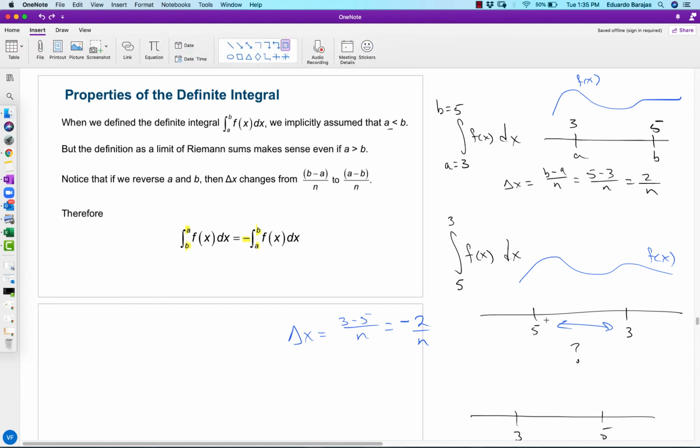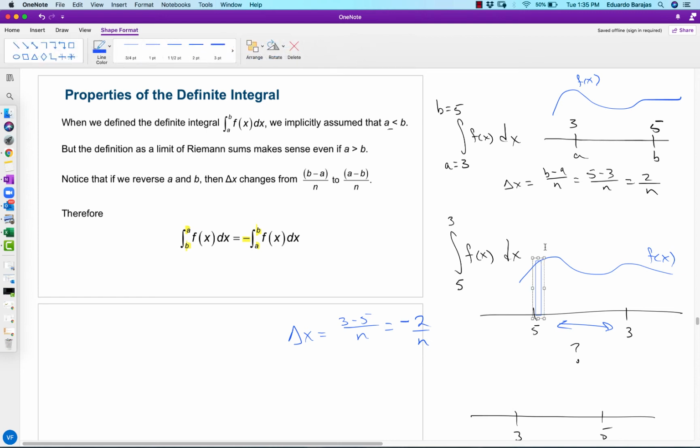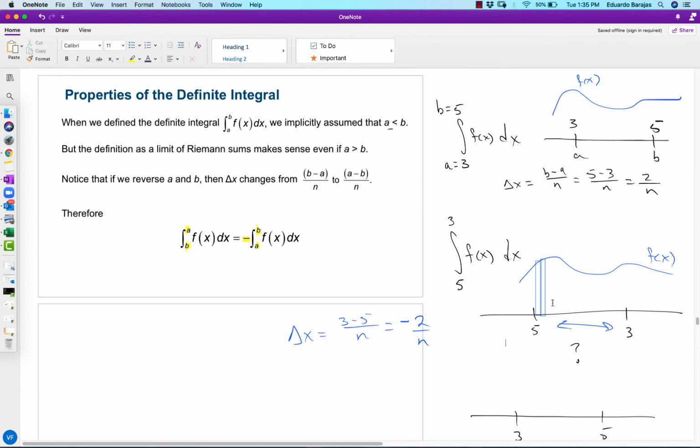Either way, I'm going to have rectangles that go from here to here and so on and so forth. And the base of these rectangles is just going to end up being negative, so you're just going to get negative answers for all of them. And so that's what this is saying.